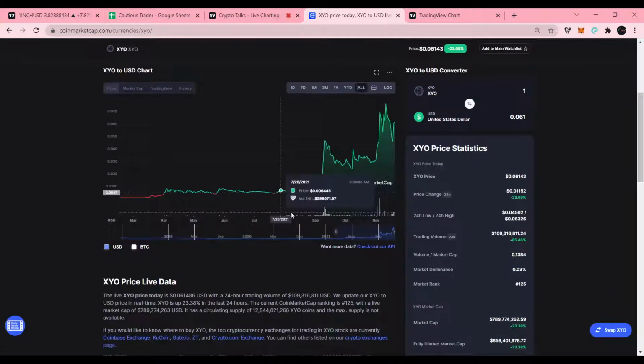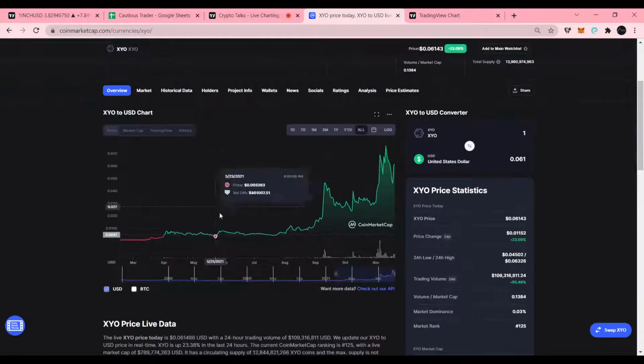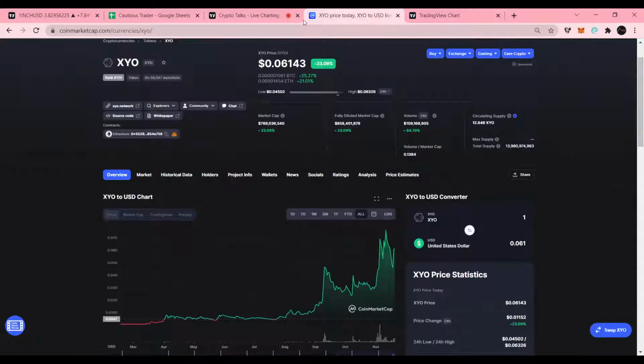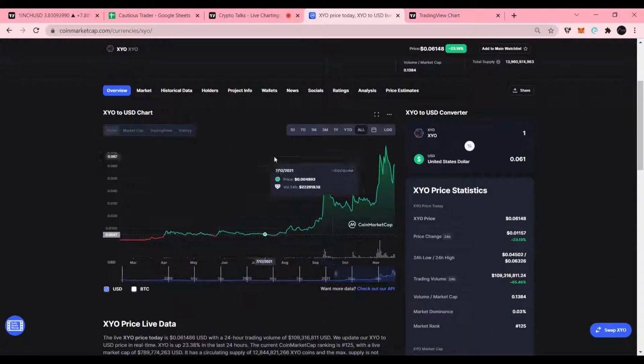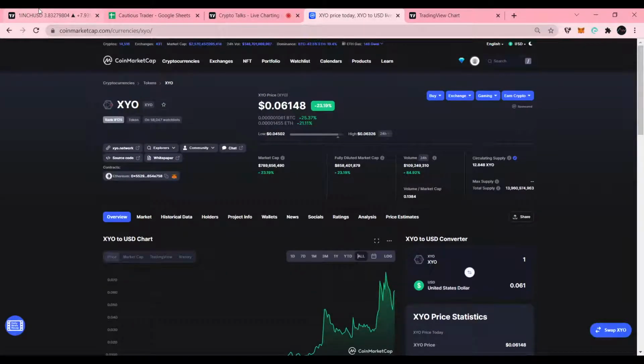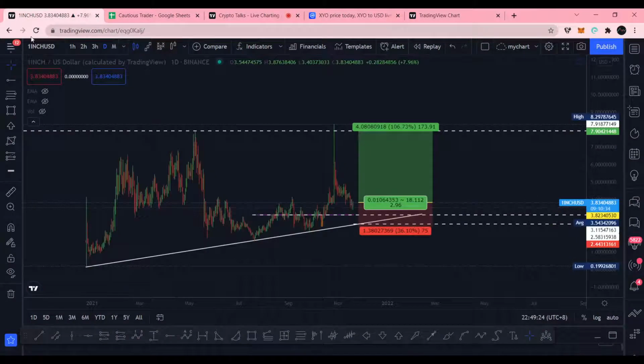So accumulation. You can even use CoinMarketCap or CoinGecko to analyze. But of course, normally I'm looking at the chart and the volume for a long-term hold, and of course the fundamentals.